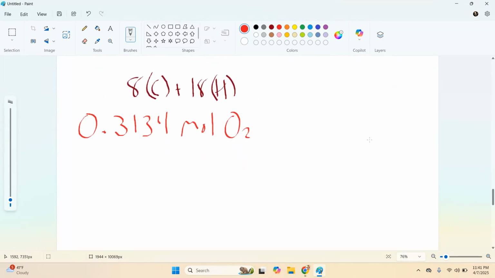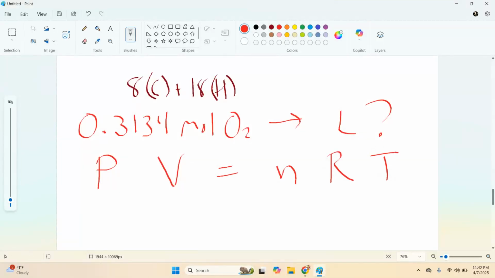We have to figure out how many liters that is. Now, at this point, we've got 2 options. First of all, we can just set up a gas law equation, PV equals nRT. The pressure, well, it says that this is STP, so it is 1 atmosphere.